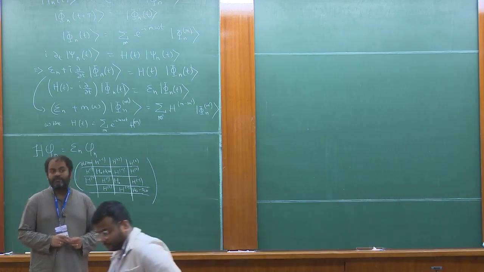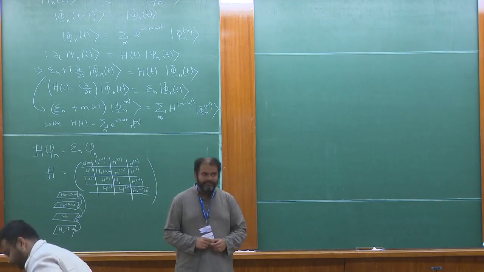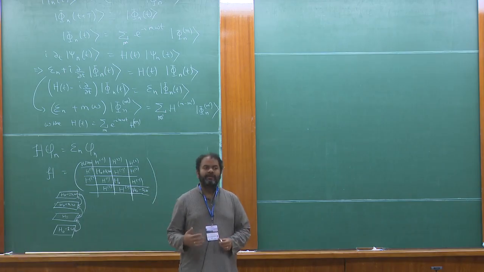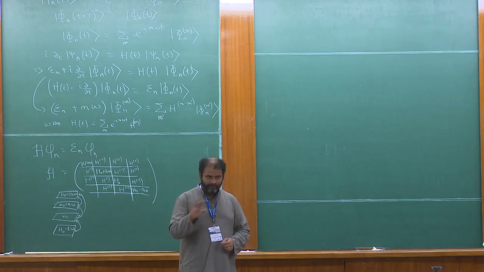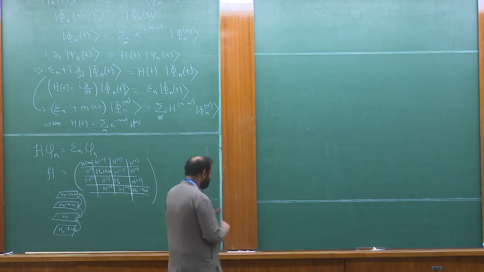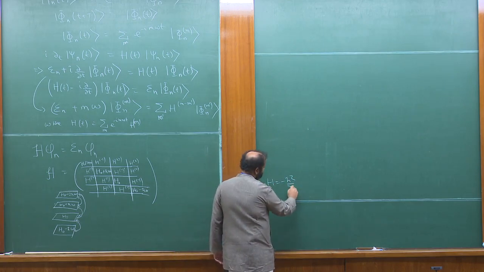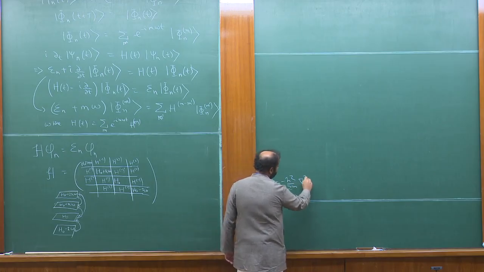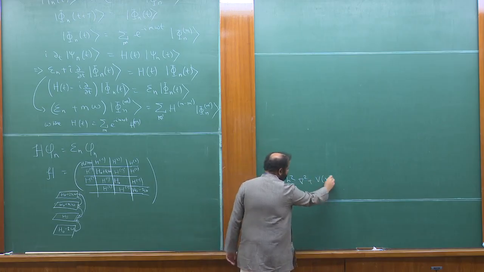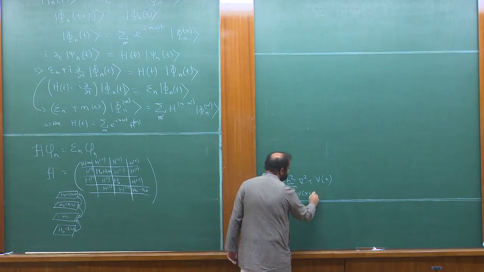You're asking why I can do the discrete Fourier transform. When we were doing the lattice originally, we had taken V(x) equals V(x plus a). If you remember the derivation of the general Bloch's theorem, you have a Hamiltonian which is something like this, where V(x) is V(x plus a), but everything is continuous.